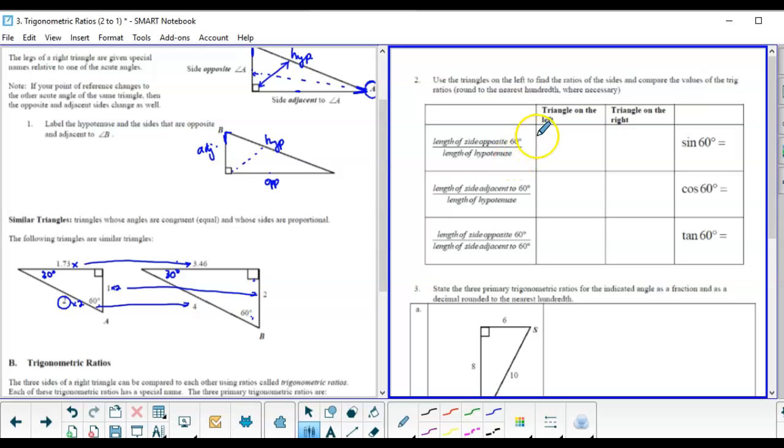So, triangle on the left, this one here, if we're looking for the opposite side to 60, that's 1.73. The hypotenuse is 2. Then here, this is on the bigger one, it'll be 3.46 over 4.